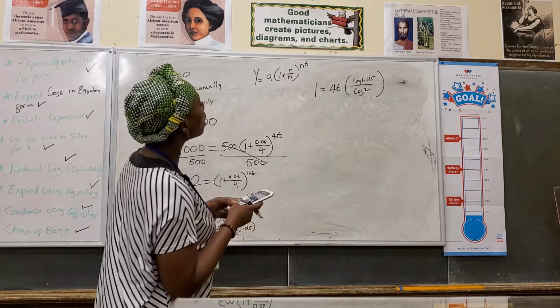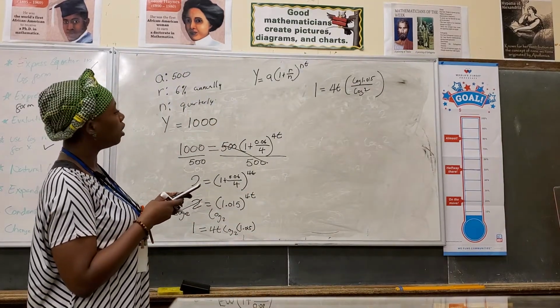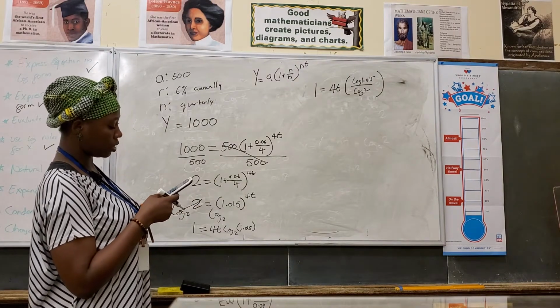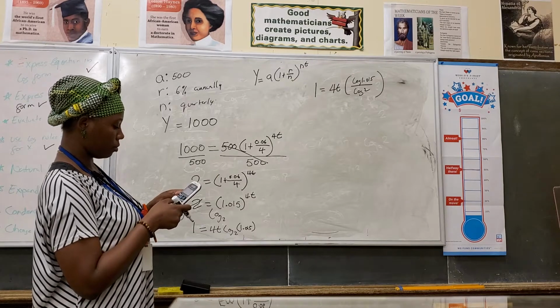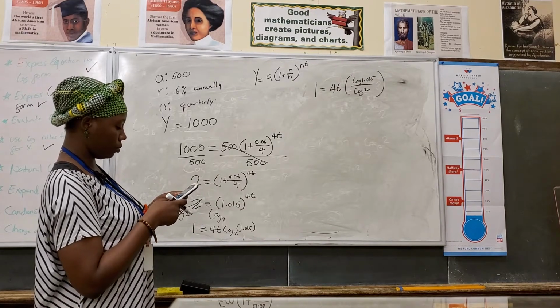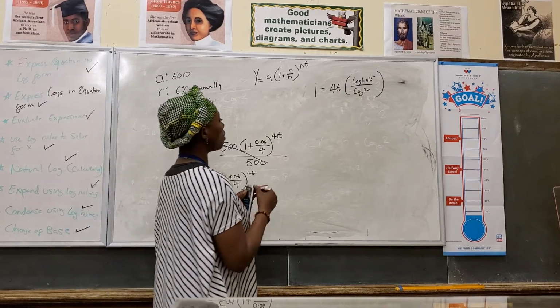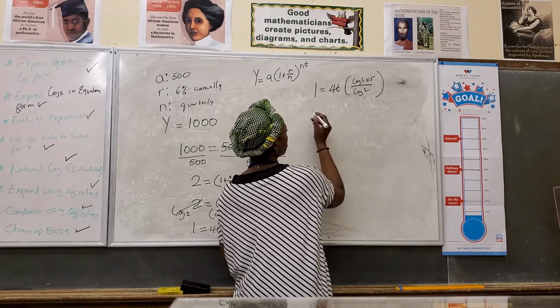Okay, so log of 1.015 close parentheses divided by log of 2 close parentheses equals a number. I'm going to say 1 divided by that number. So 1 divided by this, it's just the reciprocal.